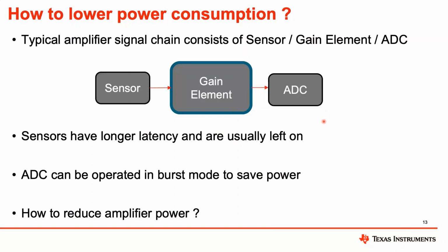A sensor usually has a longer latency time and is left always on, whereas to reduce the power consumption of the ADC, it is a popular method to use it in burst mode or duty cycle mode. Now, with respect to the gain element, you have two choices. You could either leave it always on like your sensor, or you can operate it in duty cycle mode like your ADC.